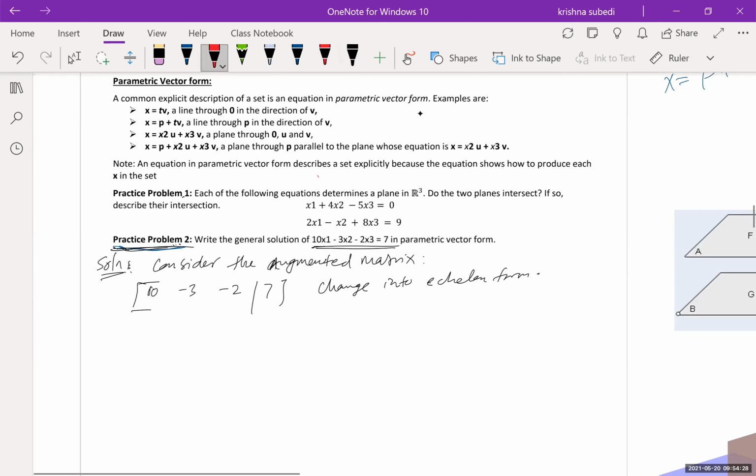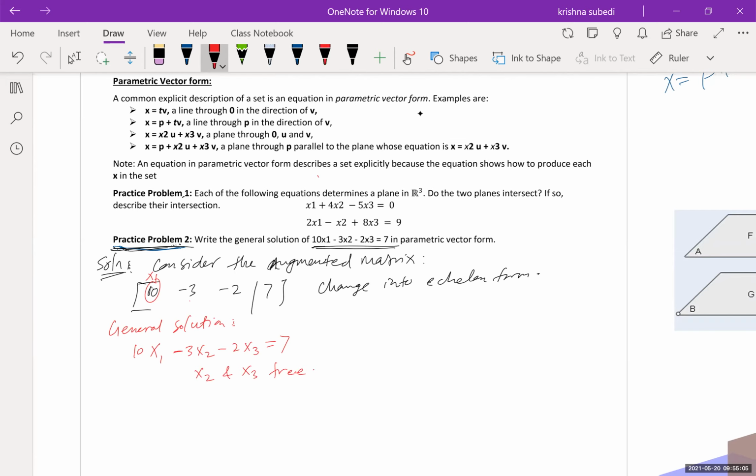So this is your pivot. Therefore, this is your x1. x1 is a basic variable, but x2 and x3 are free variables, right? So here the general solution is 10x1 minus 3x2 minus 2x3 equals 7, x2 and x3 free. Earlier we had only one free variable. Now we have two free variables.